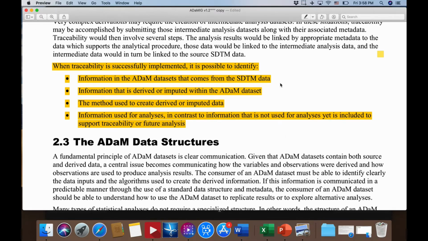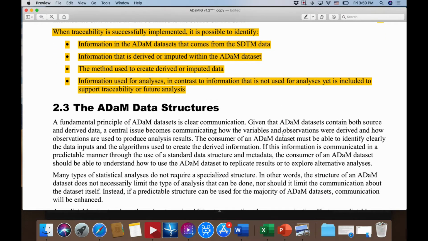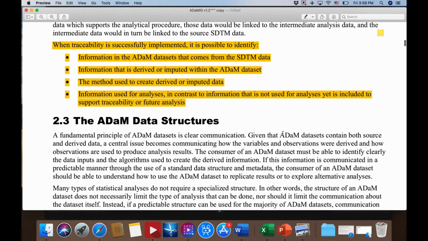I don't want to read out each of these, so check them out, because traceability most of the time can be ignored by many programmers. They just don't put much traceability between ADaM and SDTM datasets.